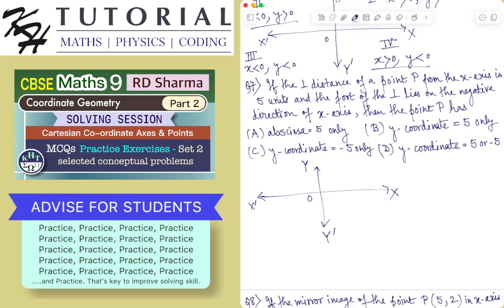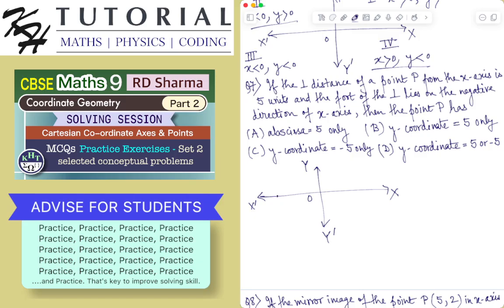Now, it is given that if you draw a perpendicular from the point P on the x-axis, the place where that perpendicular intersects the x-axis is the foot of the perpendicular. So that foot is in the negative direction of the x-axis, so it will be somewhere to the left-hand side of the y-axis.